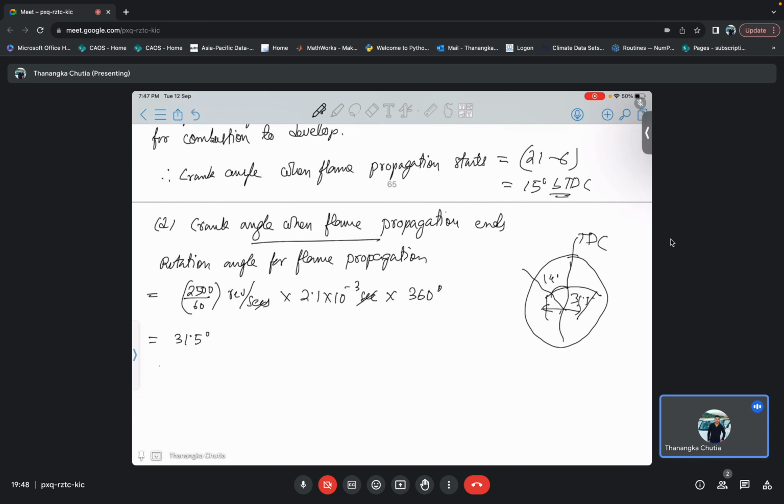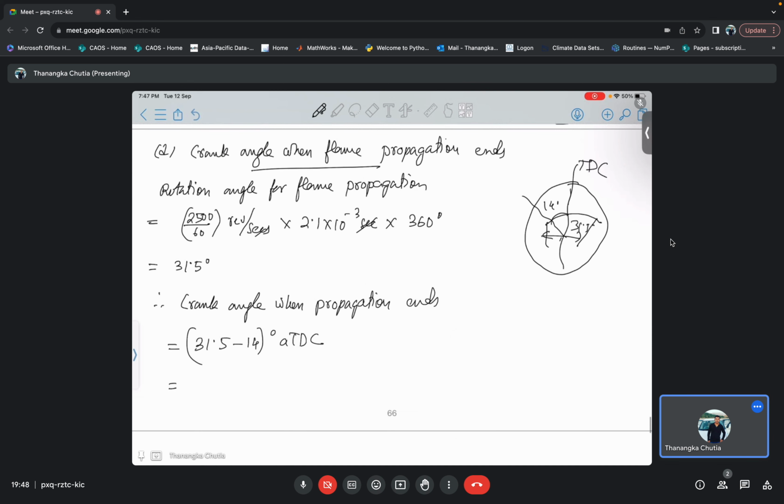Okay, so therefore crank angle when propagation ends is equal to what? 31.5 minus 14 degree after TDC. Okay, so that is 17.5 degree after TDC.